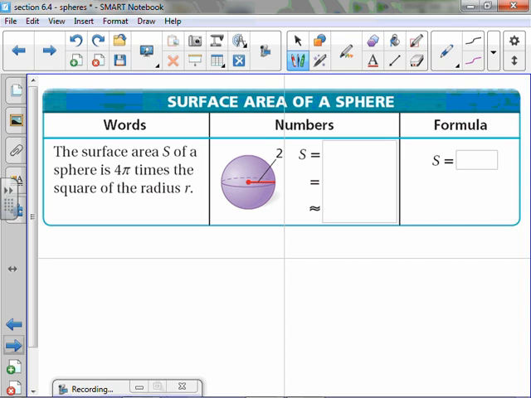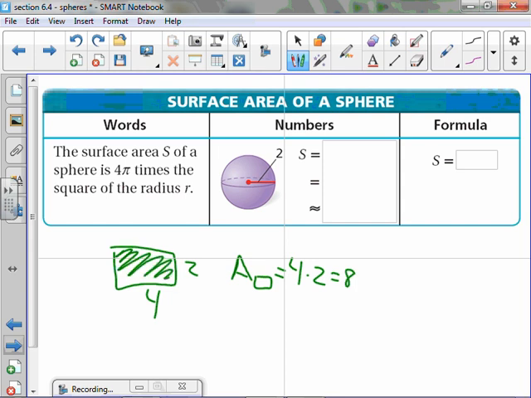It is area. So let's take the area of a rectangle. Let's say this is 2 and this is 4. The area of a rectangle is equal to 4 times 2, length times width, so it equals 8. Okay, that's pretty easy, and what we're talking about is how much stuff it takes to fill in this surface.